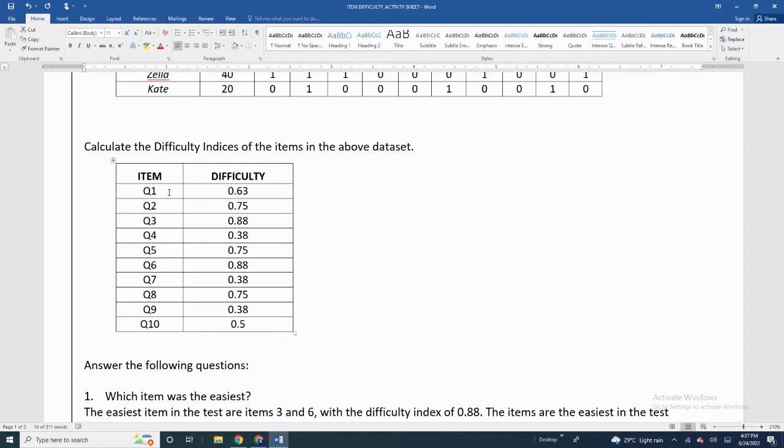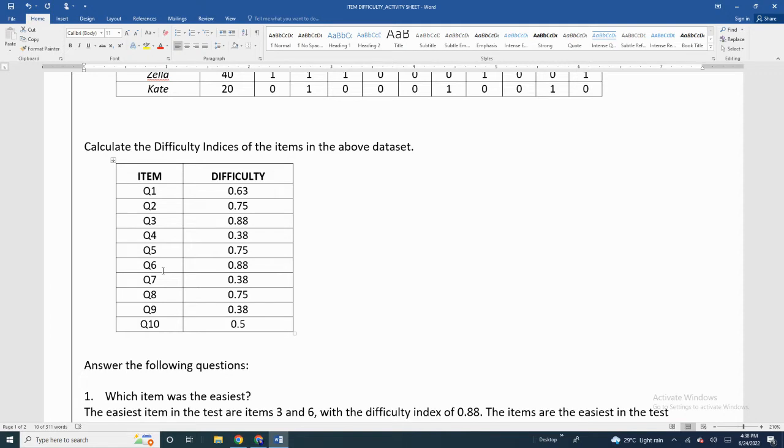Can we observe that pattern here with these item difficulty indices? Not really, isn't it? Because the easiest items in the test are item 3 and item 6. But it is not the first item, it is the third item. And in fact, at the sixth item, more than halfway through the test, somehow we stumble upon the easiest item again.